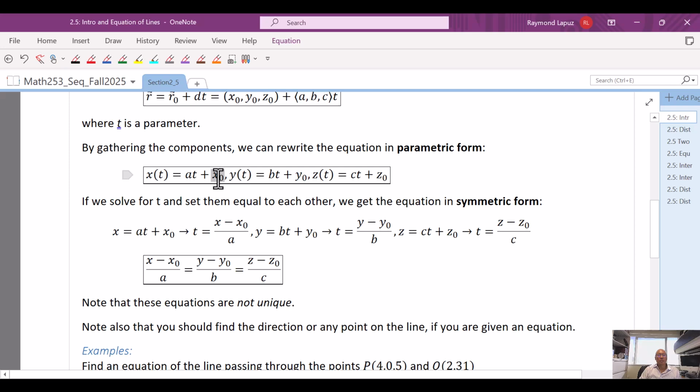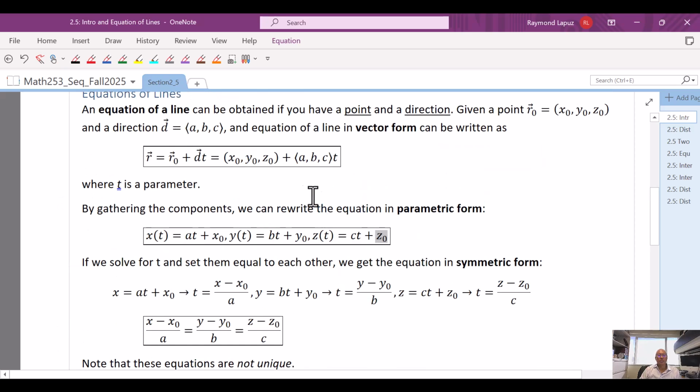Also, you can see the point in the parametric form, x naught, y naught, z naught, and then you can see the direction a, b, c. And of course, the easiest way to extract a point and a direction from a line is if you're given your line in vector form, because the point is clearly given there, and the direction is the vector that's multiplied by your parameter t. All right, so that's the setup.